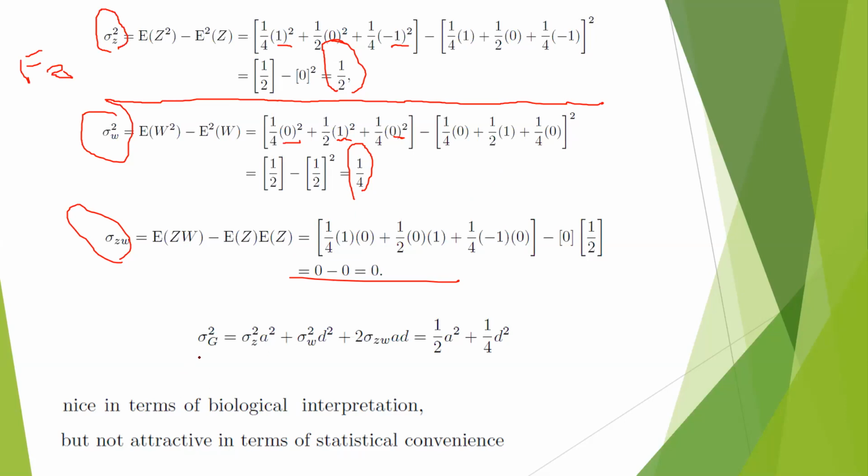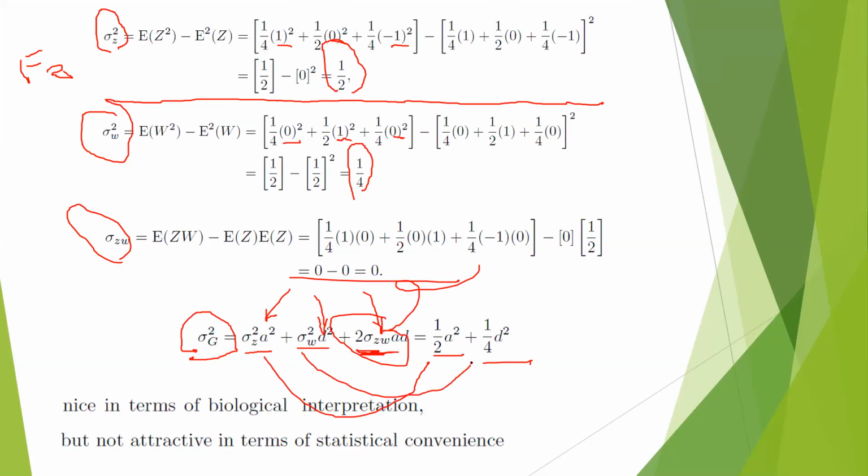Now the total variance of the phenotype should be the sum of these two components: one from the additive effect, the other from the dominant effect, and the covariance here. But the covariance equals 0, so this term is gone, leaving only these two terms. Is that clear?